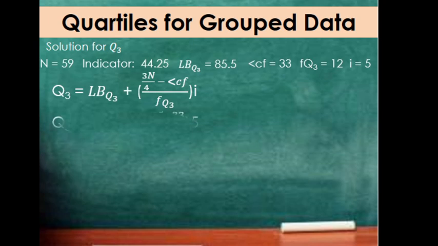Then, substitute the values. So, lower boundary, 85.5. Indicator is 44.25 minus 33, or yung ating less than cumulative frequency, divided by 12, which is the frequency of the quartile class, times i, or interval, which is 5.